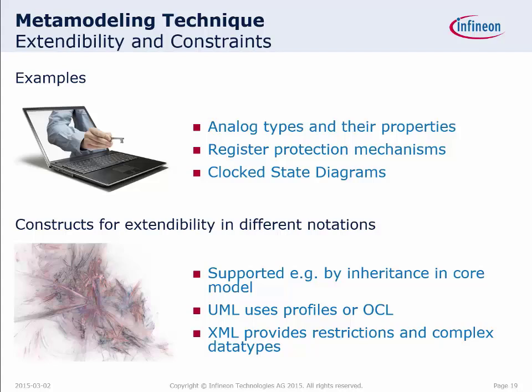And the XSD schema for XML already provides some constraints on the data types. So there is already something out there, but with metamodeling, as you've seen, you can define whatever metamodel, whatever model you want to have.